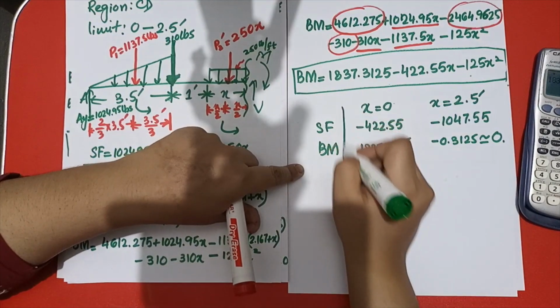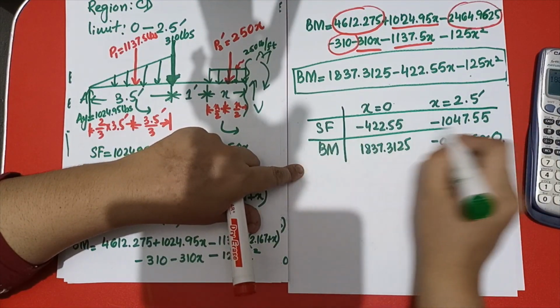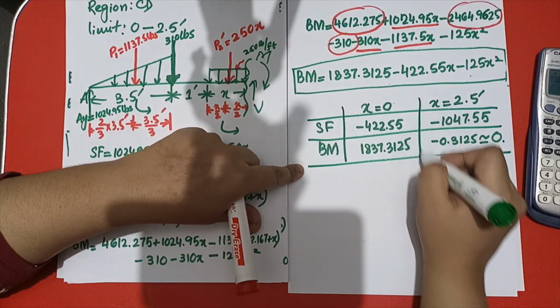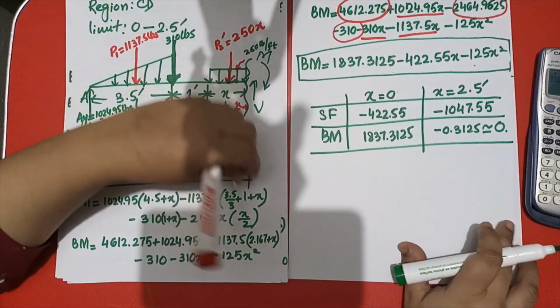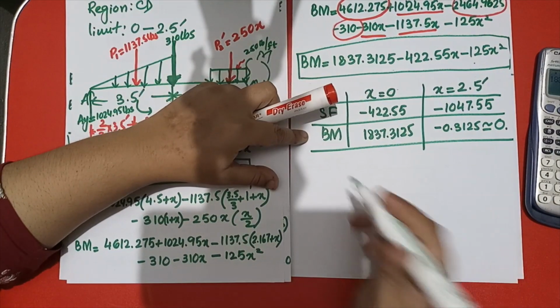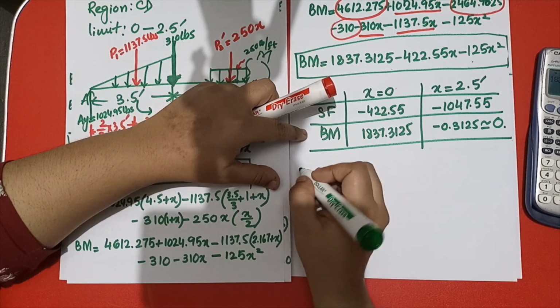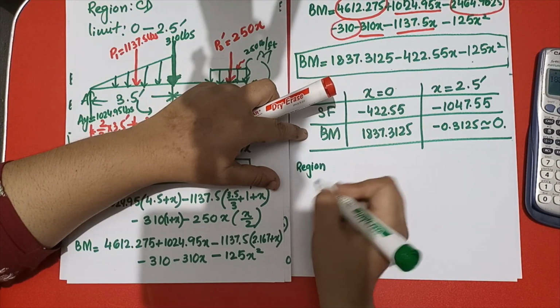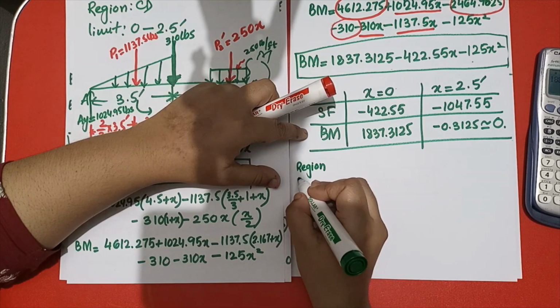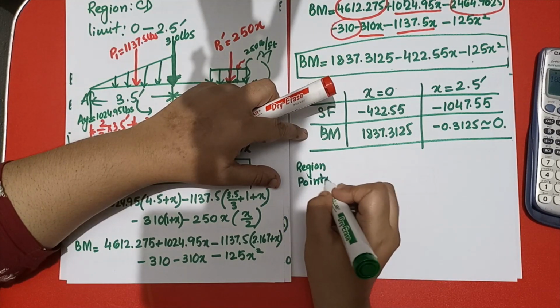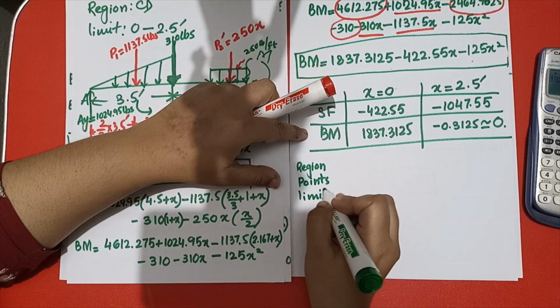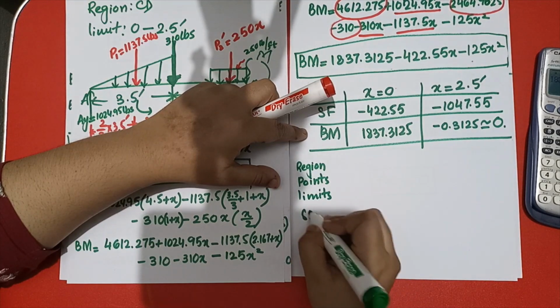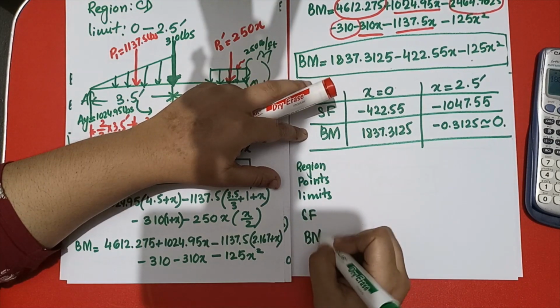So now I am going to make the table for it, as we did earlier. Let me write it down. So the first one is the region. Then we have points, limits, then shear force and bending moment values.